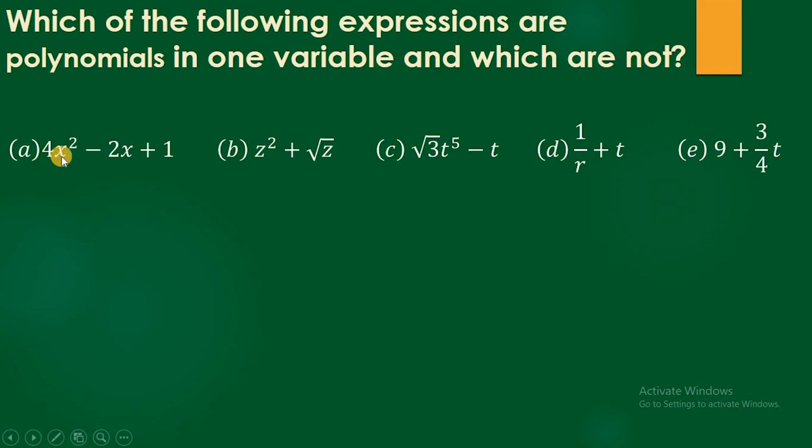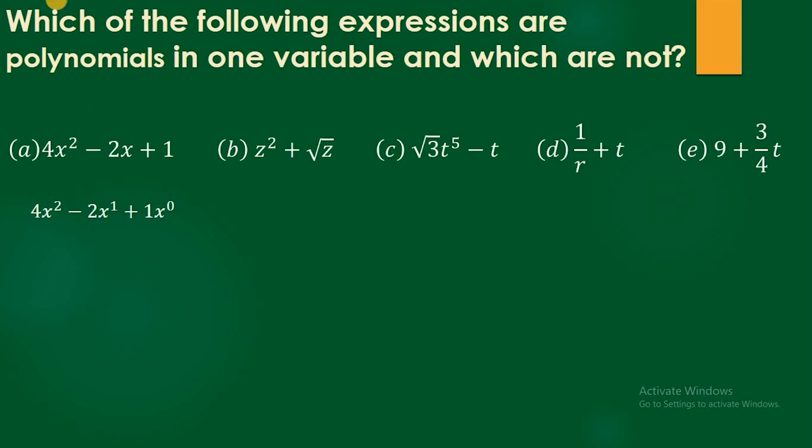Now let's see. 4x square minus 2x plus 1. So 4x square minus 2x raised to the power 1, and 1 is a constant, so the power of the variable is 0. In the definition of polynomial we have mentioned that the power of the variable should be a whole number.